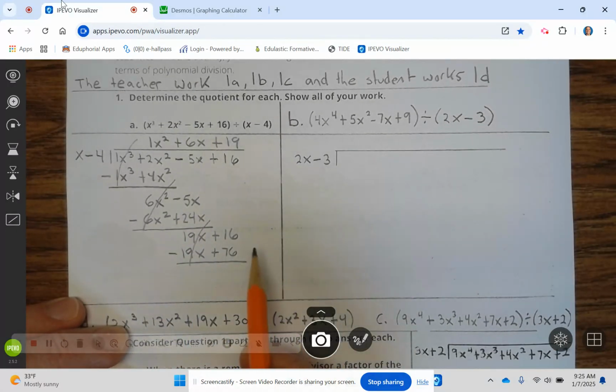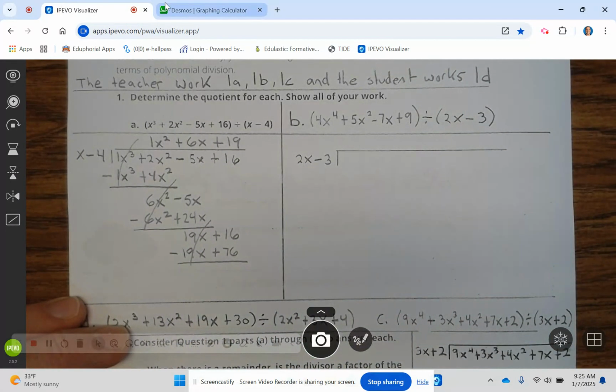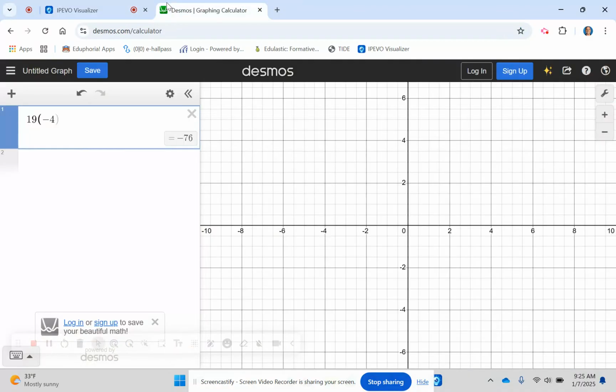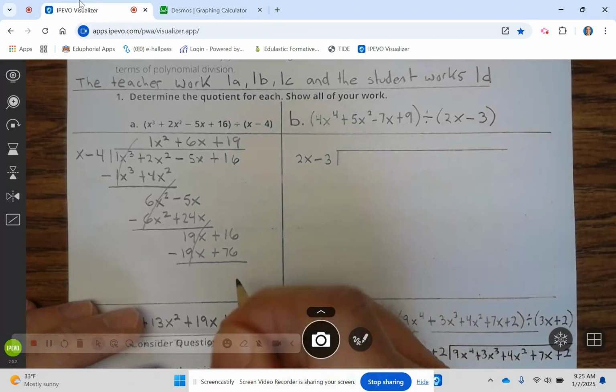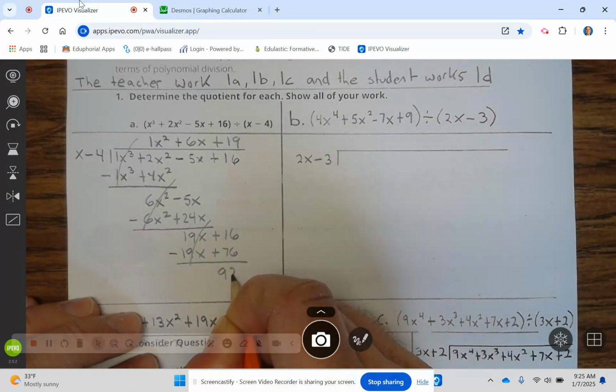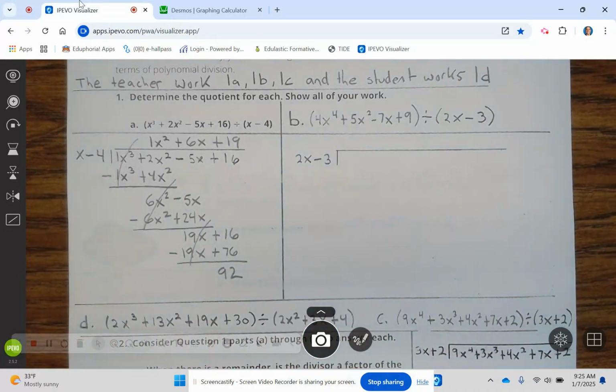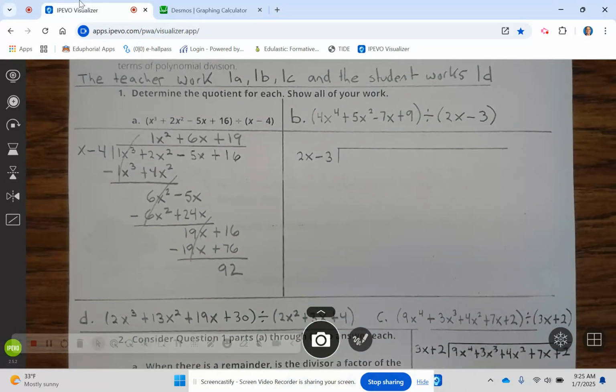This cancels. Now we have 16 plus 76 is 92. So you have a remainder of 92. Go ahead and finish up 1a. Alright, let's take a look at b.